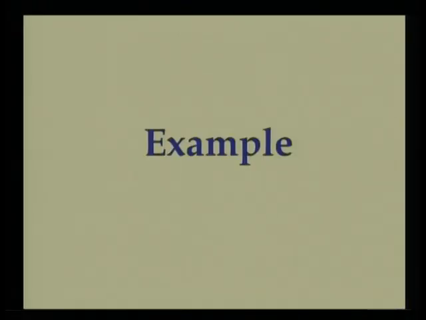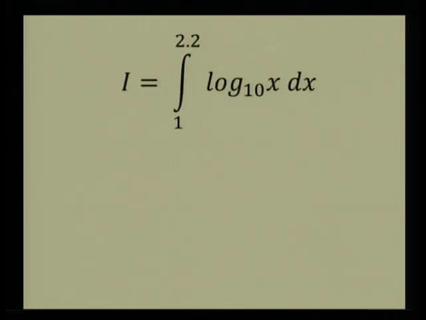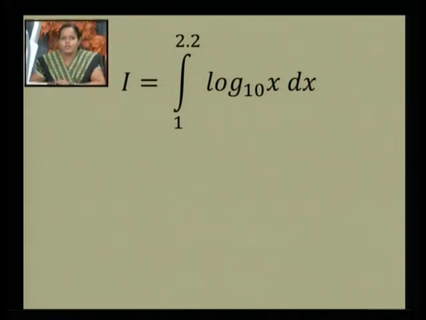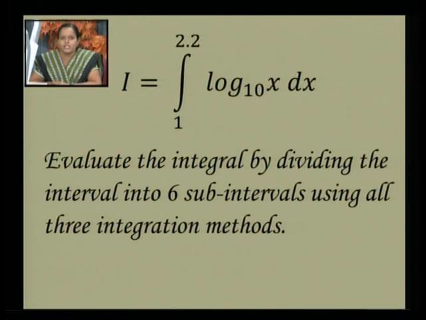Let us take up an example. Suppose we are taking one example, that is the integration from 1 to 2.2 of log x to the base 10 dx. The purpose of taking this example is that we can show you the comparison of all the three methods of integration.